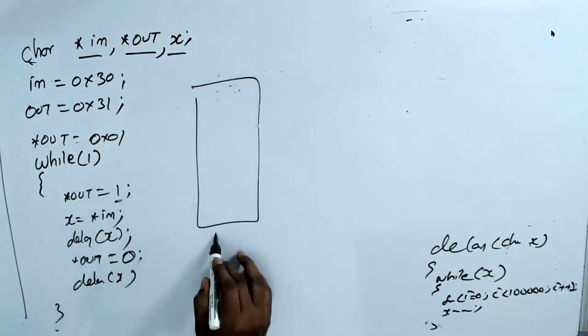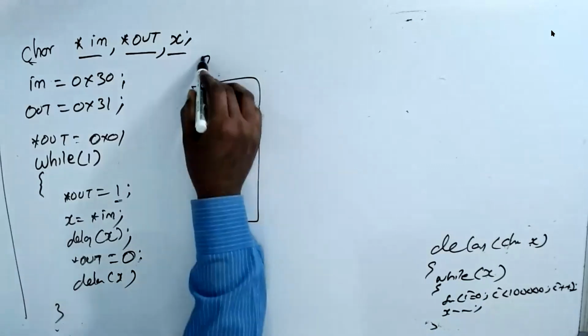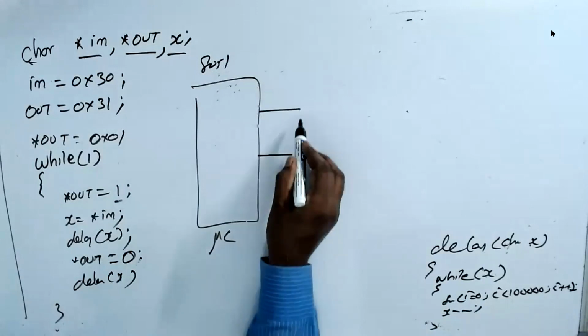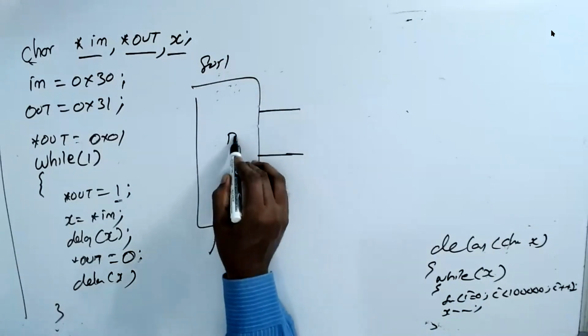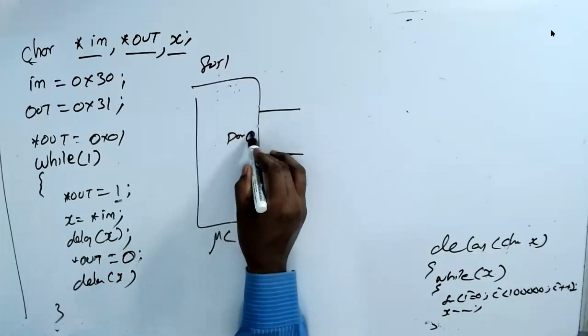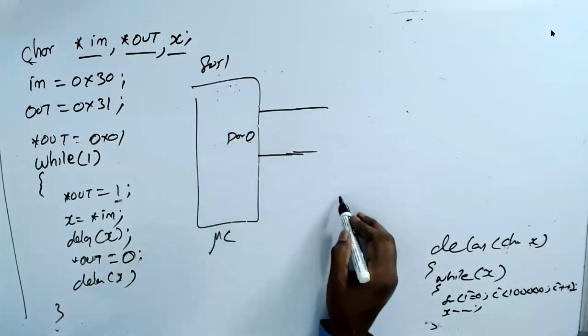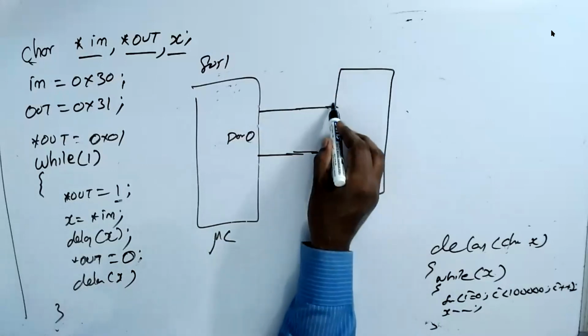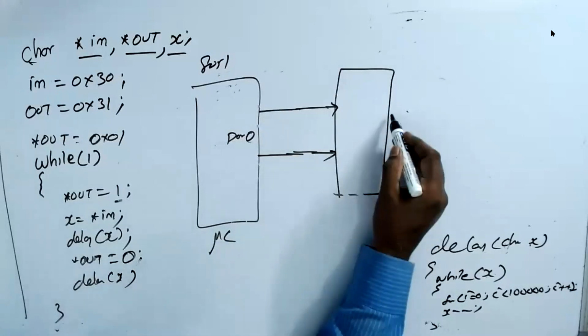This is your microcontroller. Maybe 8051, whatever it is. That 8-bit port, let's say port A or port 0, whatever it is. You connect it to my controller, which has an input, and connect the LED here.